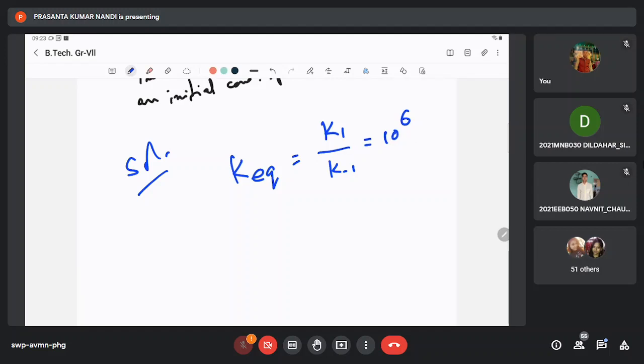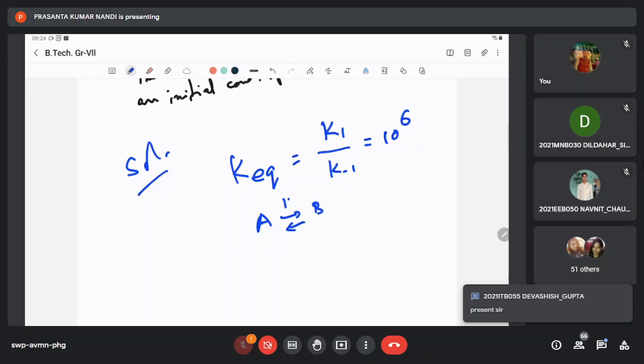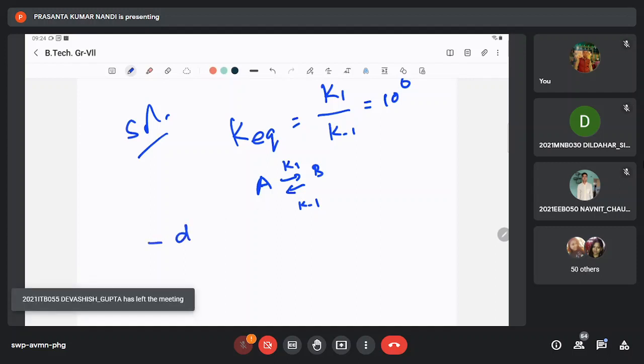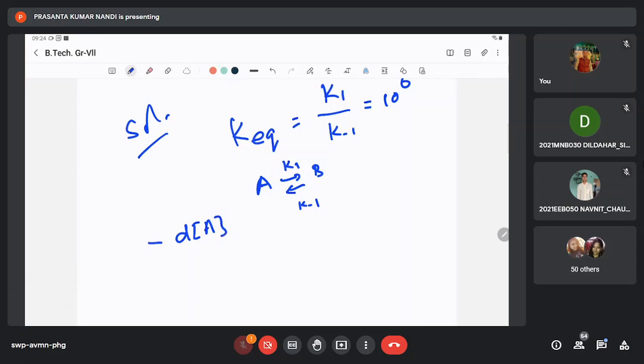Now, if you write down this equation, A to B and B to A, with constants K1 and K minus 1, what is the rate of the forward reaction? So what is dA dt?